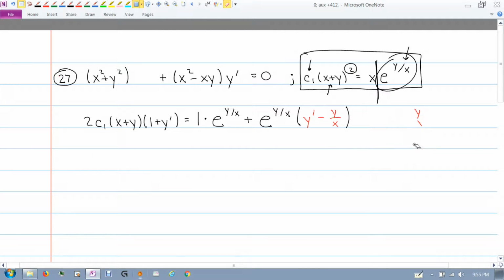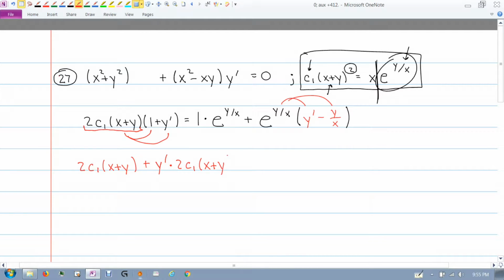Okay. Now, let's distribute this through. So we have 2c1 x plus y. You know what? Let's kill two birds with one stone here. I'm going to take this entire quantity and just pass it through this parenthesis. So when I multiply times 1, I just get itself. And when I multiply it times y prime, I get y prime, and then I get the 2, c sub 1, and then x plus y.